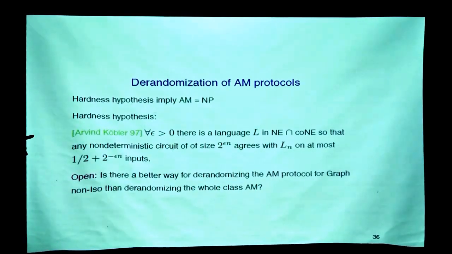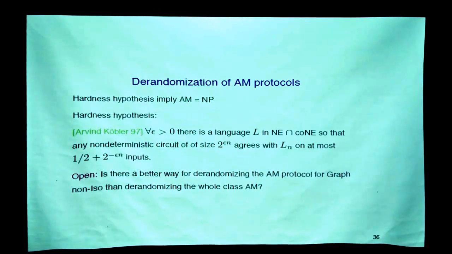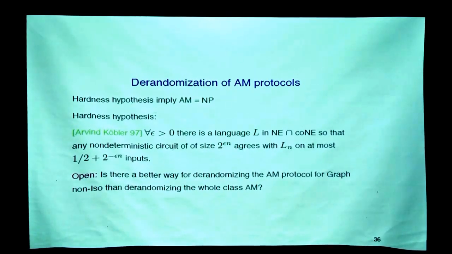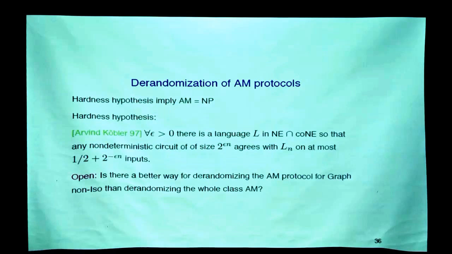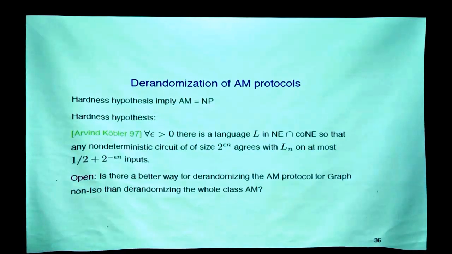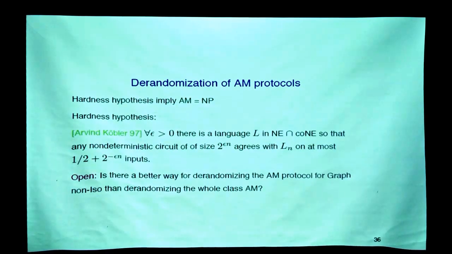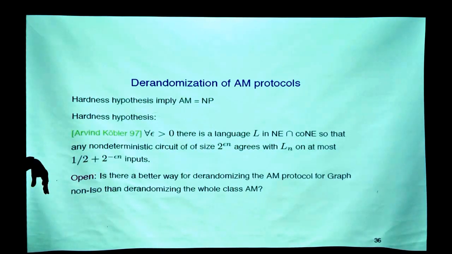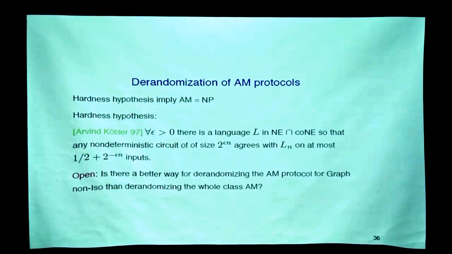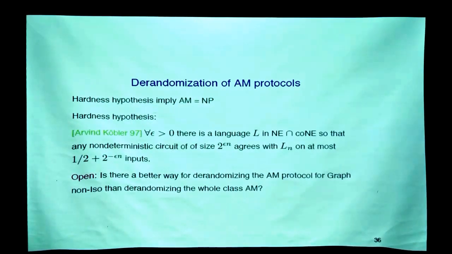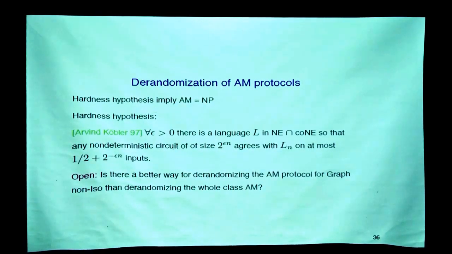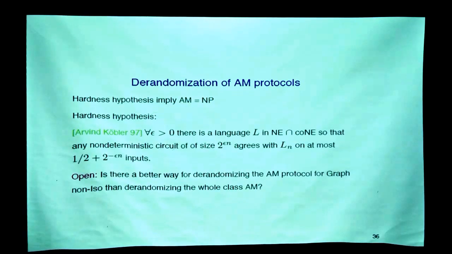But in fact, for isomorphism, maybe we need a weaker hypothesis. Maybe it's a way to show that the problem is in coNP. We can randomize the whole class, so maybe we can just randomize the problem itself. So this is an open question.